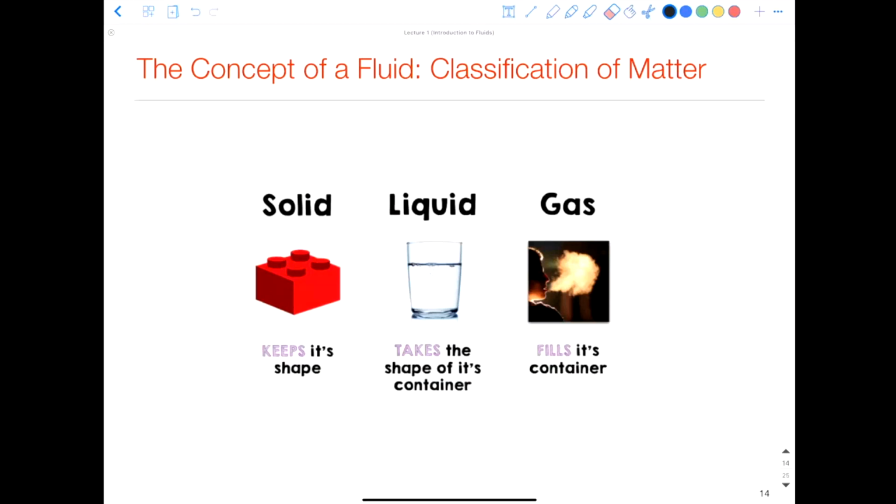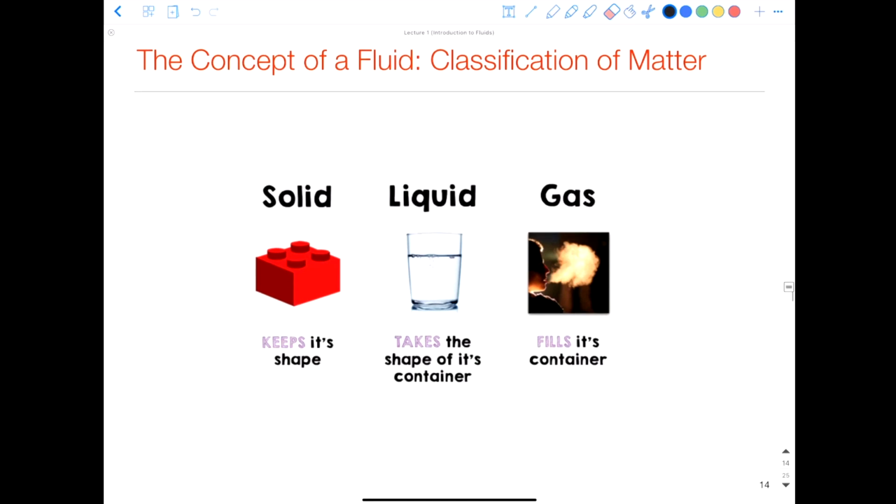We've just got a few more slides on basically introducing what a fluid is and some fluid properties and the concept of continuum. So in the most simple sense, the difference between solid, liquid, and gas is a solid keeps its shape, a liquid takes the shape of its container, and the gas fills its container.